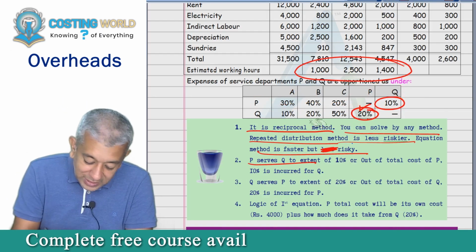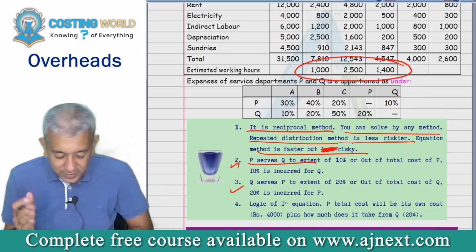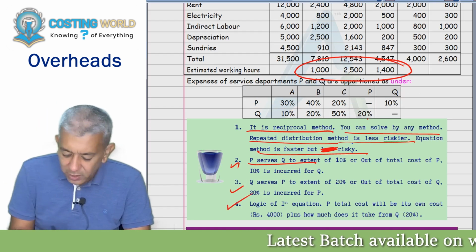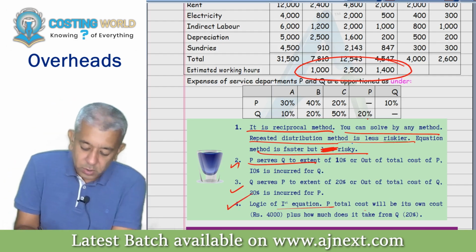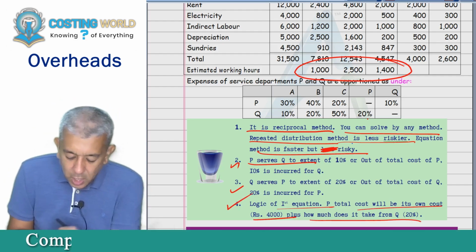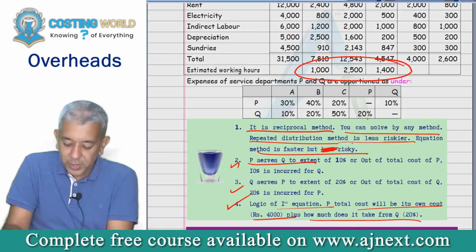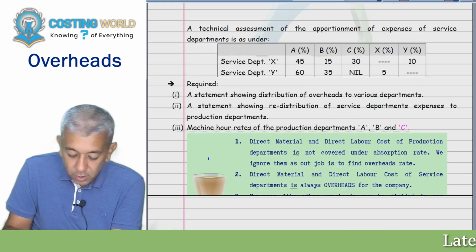Those are the things I tried to ask you, which I've printed over here. That's why I didn't want to read it. I've also given the logic of the first equation. P's total cost will be its own cost plus whatever it takes from Q. It takes from Q to the extent of 20%. Okay, fine. This thing is altogether done.